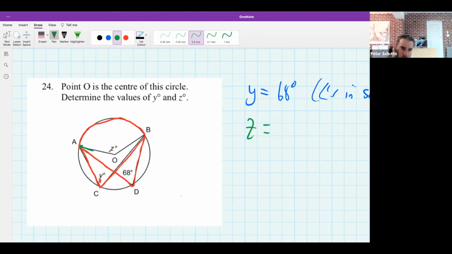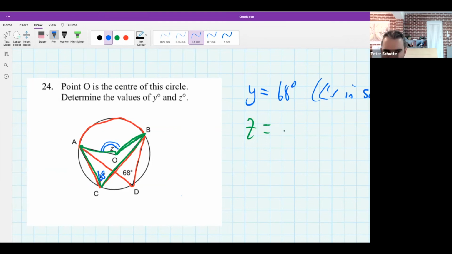So kind of think of that one and its relationship to this one. What's this angle going to be? So we said this is 68. What relationship are they in? Z and 68.